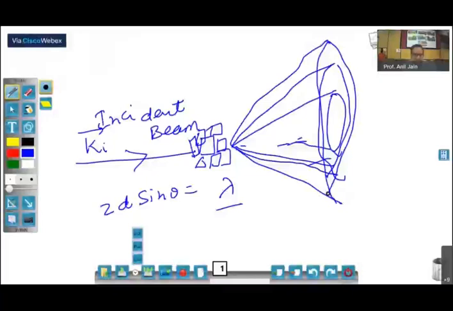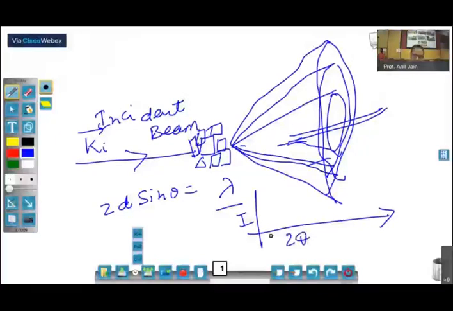Now, depending on the facility you have, you can put either a 2-dimensional detector or a 1-dimensional detector, which will generally just take a slice of this cone, and what you get in the pattern is the intensity as a function of 2 theta, like this, where 2 theta is the angle between these. So if you know the position of the peaks in the diffraction pattern, then you can easily tell what kind of d values are present in your sample.